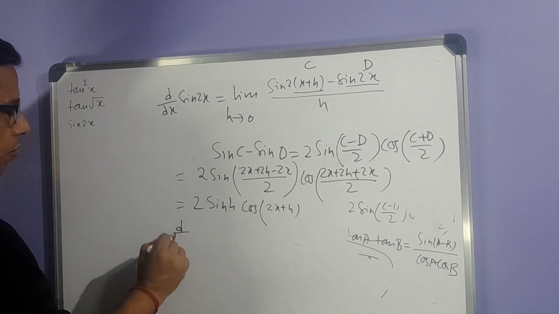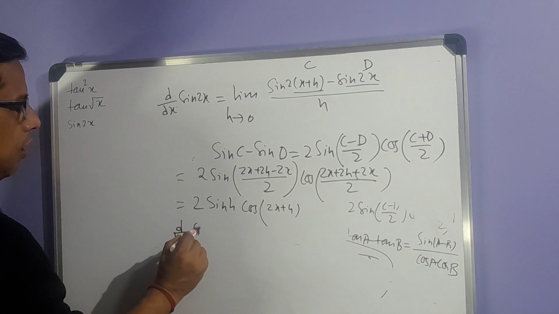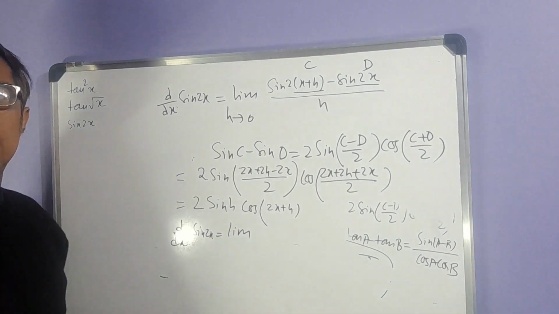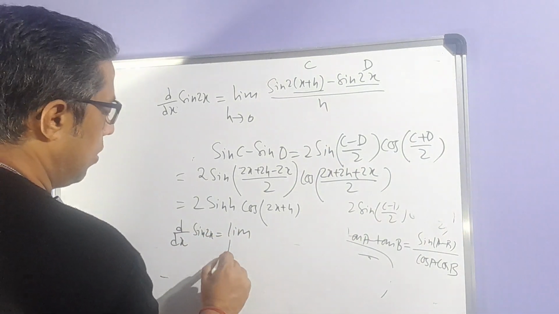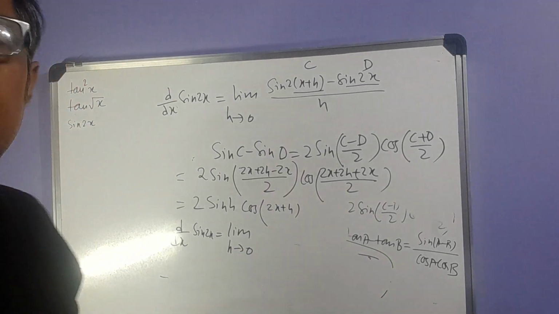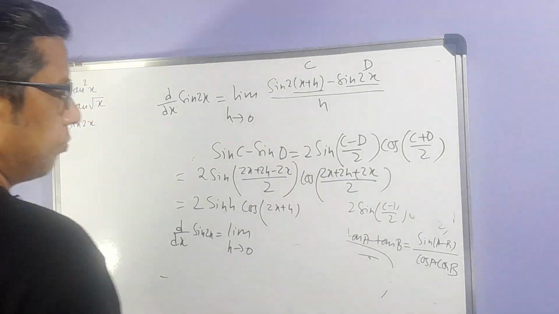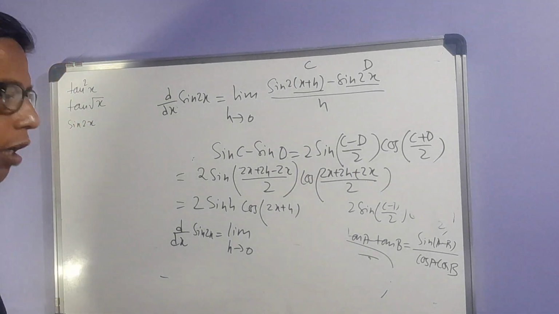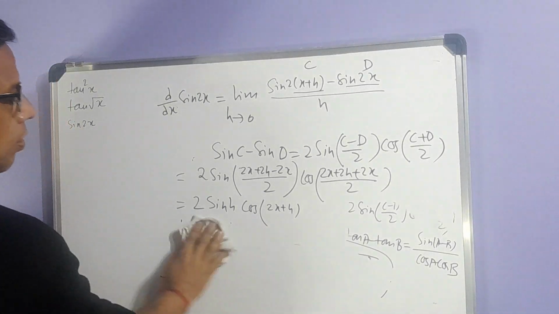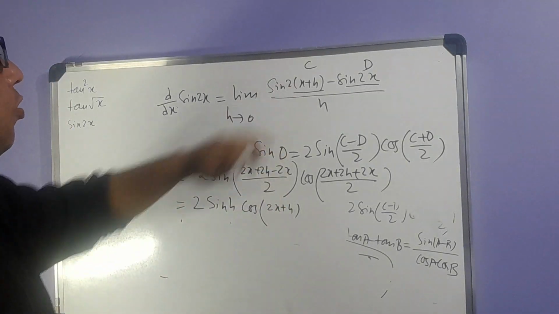So d dx of sine 2x will be limit h tends to 0, I hope you can follow me, right, let me zoom it out. Sin h cos of 2x plus h will be here.